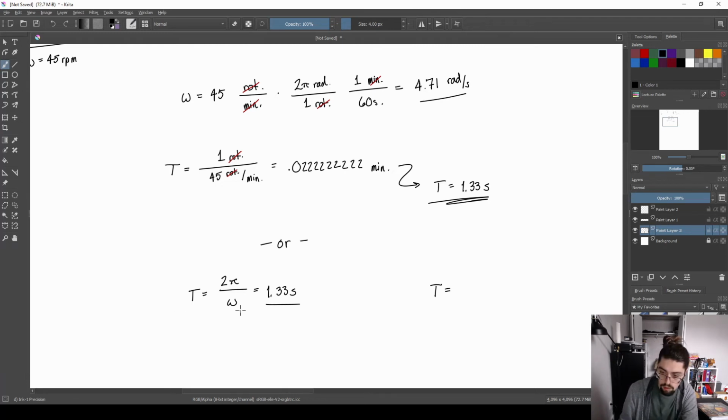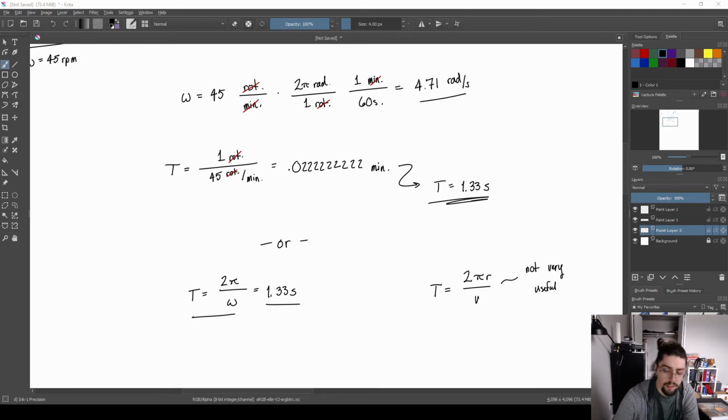Yes. But that's going into that expression. The other one that we would possibly have is 2 pi r divided by v. But since we don't have v, this one's not going to be super useful for us. Not unless we find v first, but that's another step just to get back to what is essentially this expression.